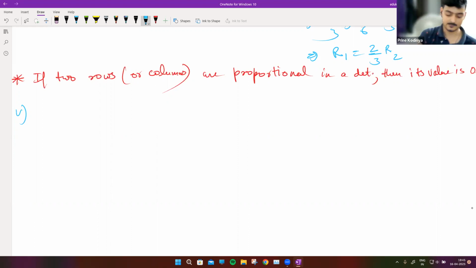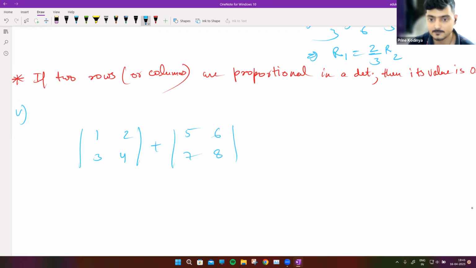What I'm trying to say is, let's say I have this determinant and I want to add it with this determinant. No, I can't. You cannot add two determinants directly.